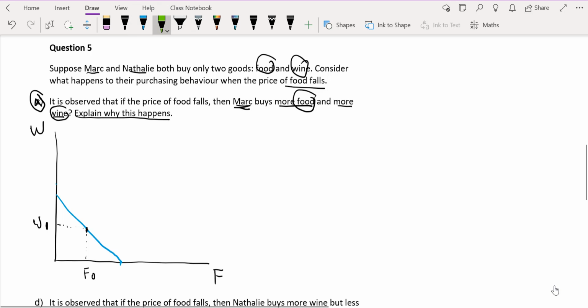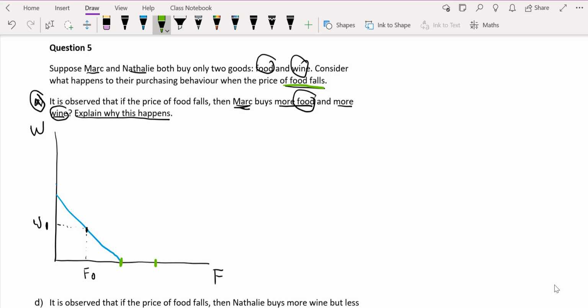I will not draw the indifference curve right now, but after I draw the next budget line, that is after the price of food falls. So if the price of food falls, then the quantity of food Mark consumes in this case will be higher. So this is the quantity of food Mark would consume under the original case, but it will now increase, let's say, to this point.